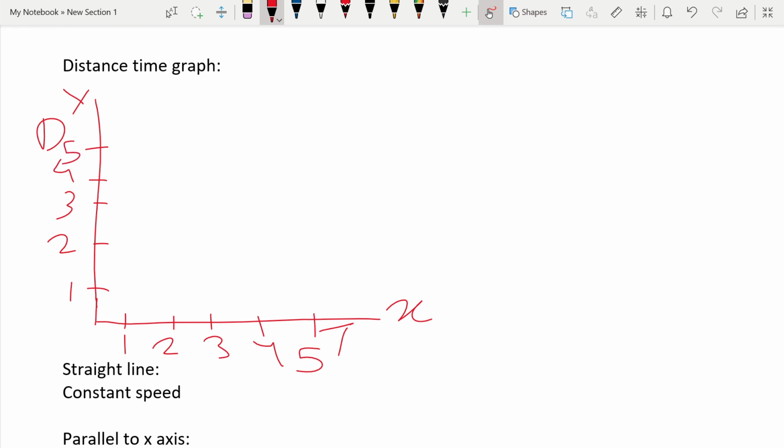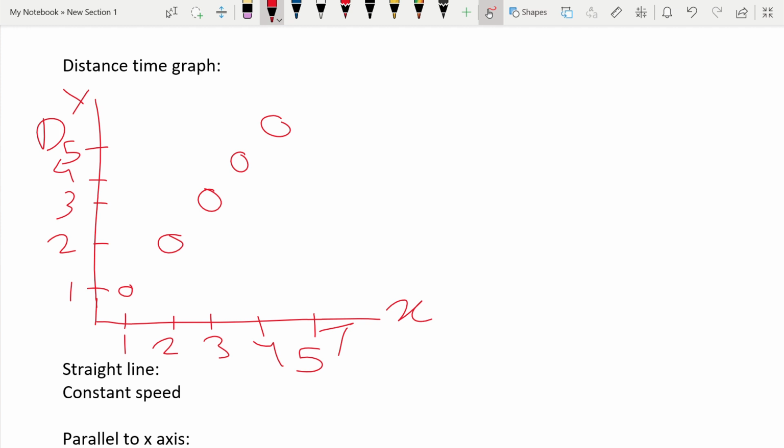If my vehicle has traveled 1 kilometer in 1 minute, we're going to put the dot there. Then 2 kilometers in 2 minutes, we put it there. Then 3 and 3, 4 and 4, 5 and 5.